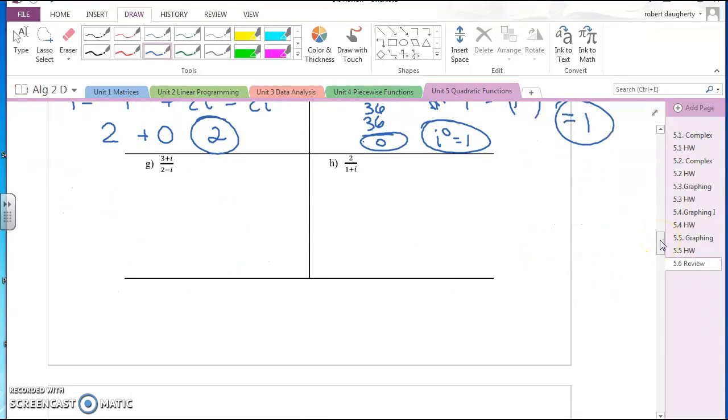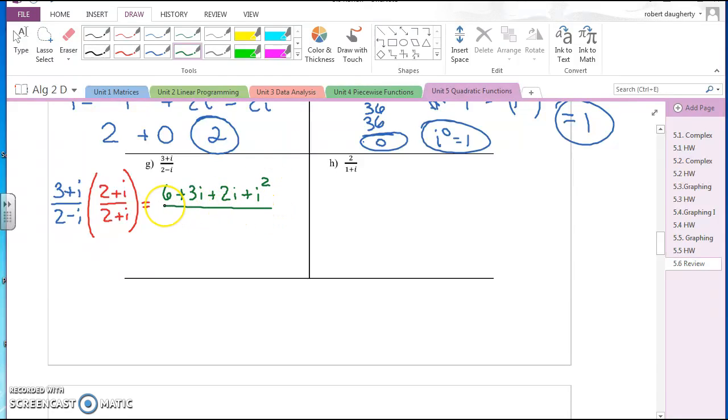Then we have a couple of divisions, which is just a fancy word for saying lots of multiplication. So 3 plus i over 2 minus i. I need to multiply this by the complex conjugate, which is 2 plus i over 2 plus i. When I do that, on the top, I'm going to get 6 plus 3i plus 2i plus i squared. And on the bottom, I would get 4 minus 2i plus 2i minus i squared.